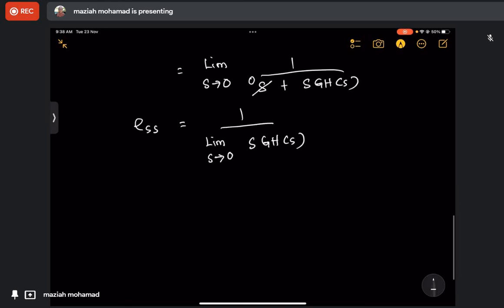And then we can simplify the equation to become 1 over Kv. The steady state error, when you apply a ramp input, is equal to 1 over Kv, where Kv is the velocity error constant.